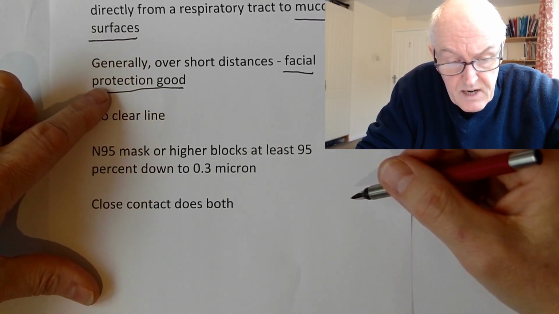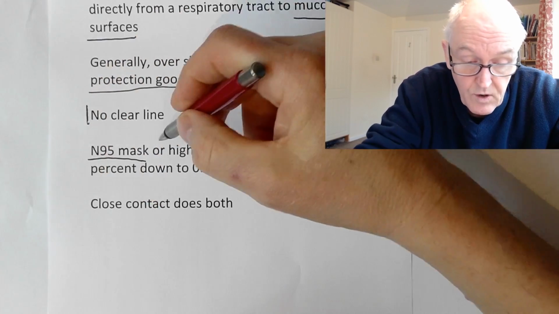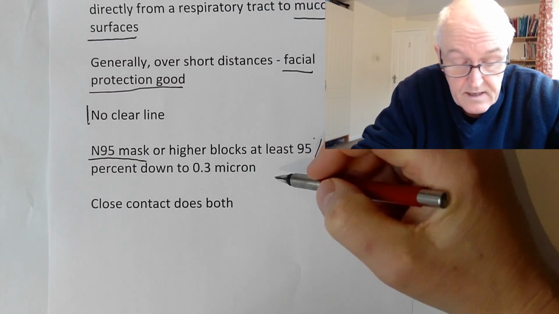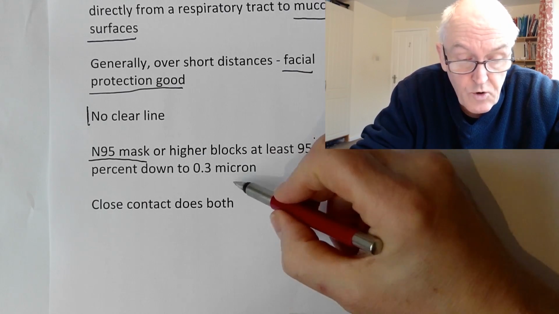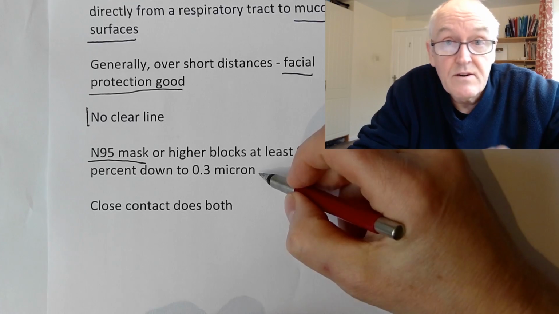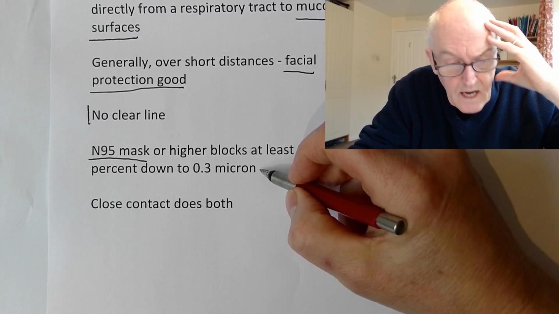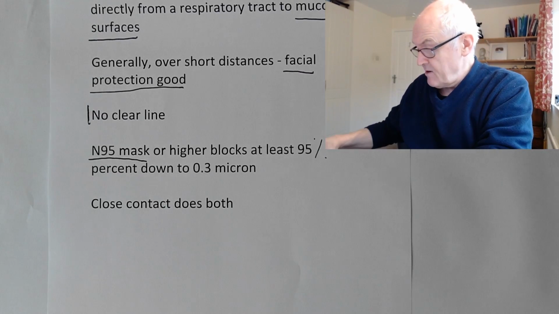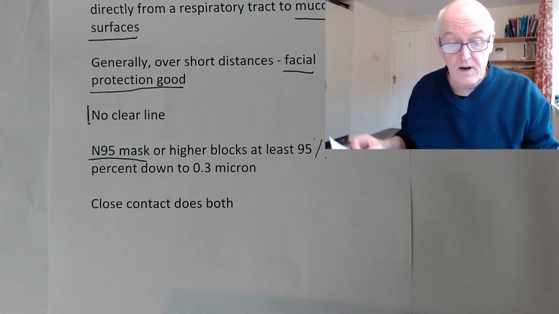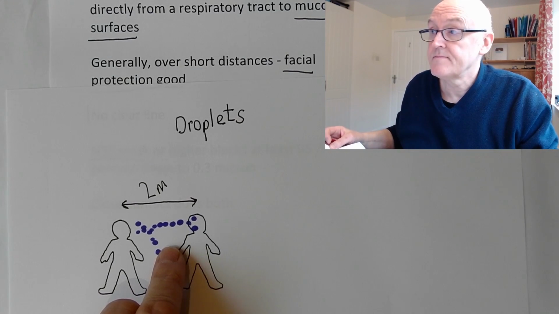Now, by way of interest, N95 masks, which people talk about a lot, block at least 95%, that's why they're called N95s, down to 0.3 microns. So that's not going to filter out viral particles. And if someone's in close contact, a respiratory infection can be transmitted both via droplets and via aerosolization.